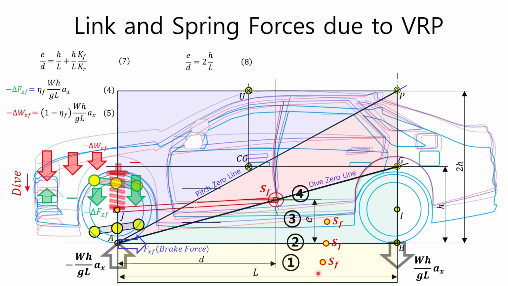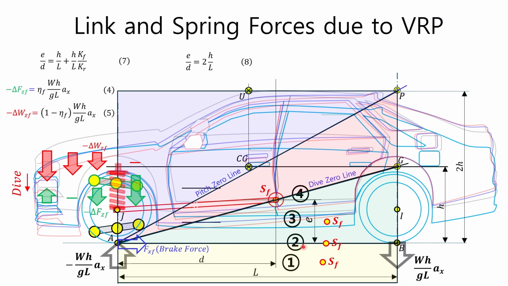In this case, the vertical force compressing the spring is greater than the resultant vertical force tensioning the links based on absolute value. In this case, eta F is negative, meaning it is less than 0.